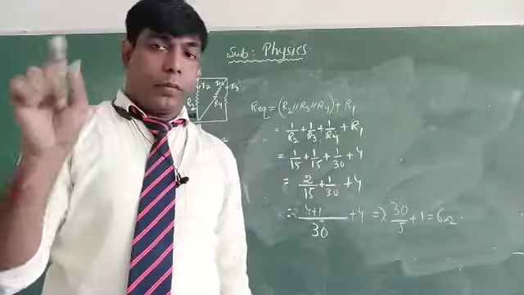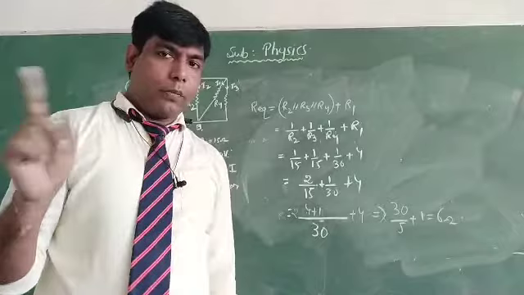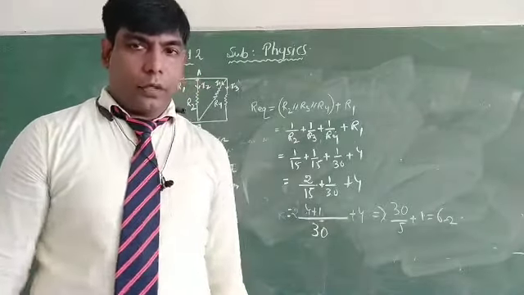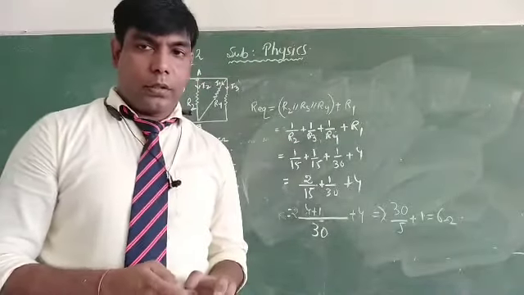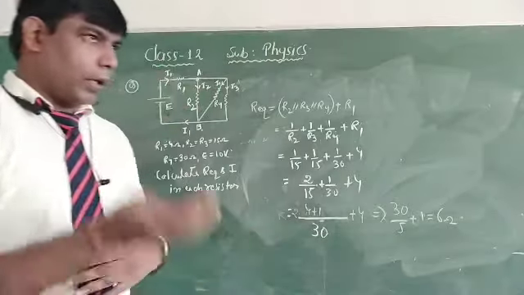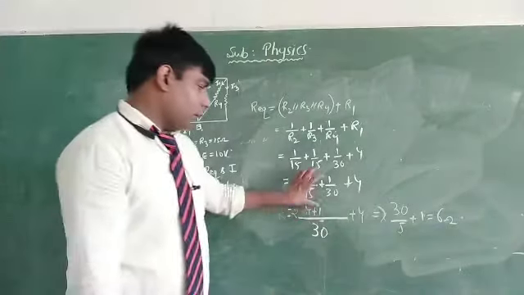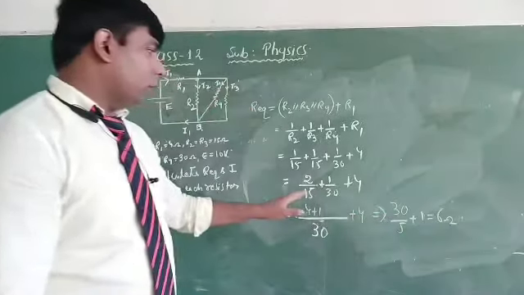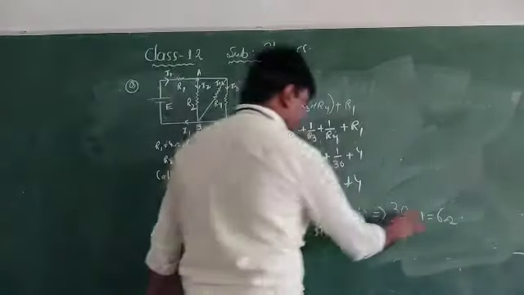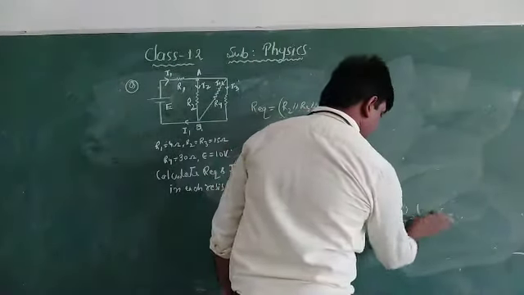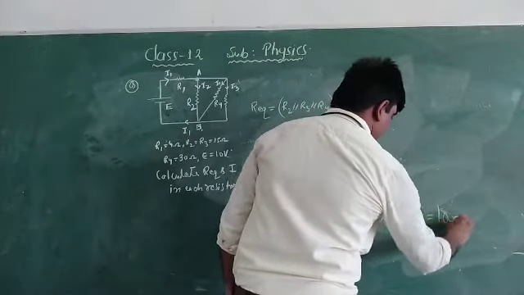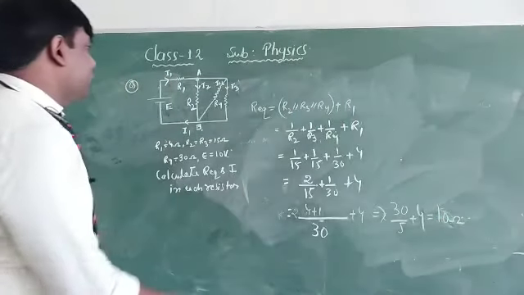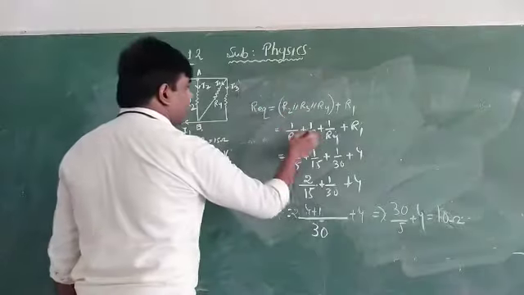That is, 1 by R equals 1 by R1 plus 1 by R2. That is, when you take the equivalent resistance for a parallel combination, the numerator and denominator need to be interchanged. So here I have interchanged, that is 30 by 5 plus 6 plus, that is your equivalent resistance of the circuit will be how much?